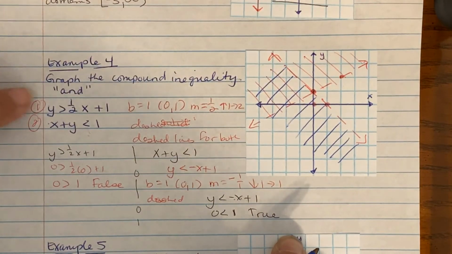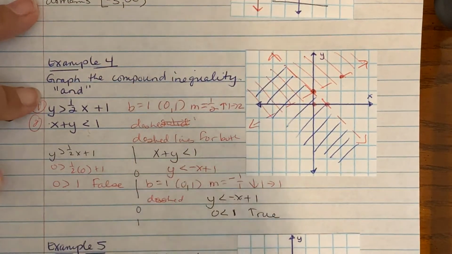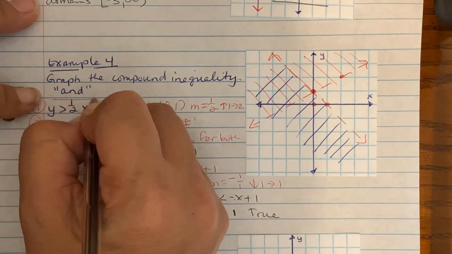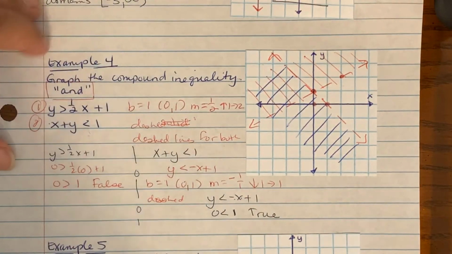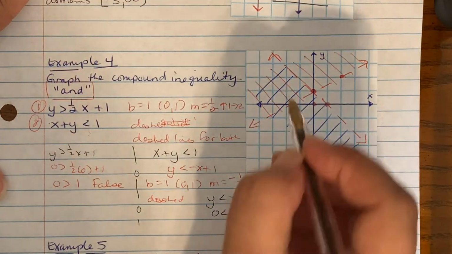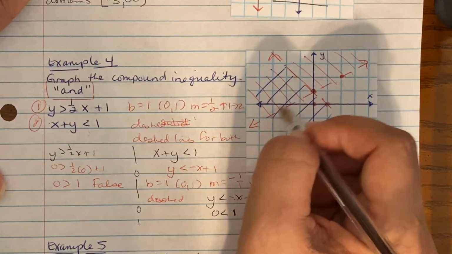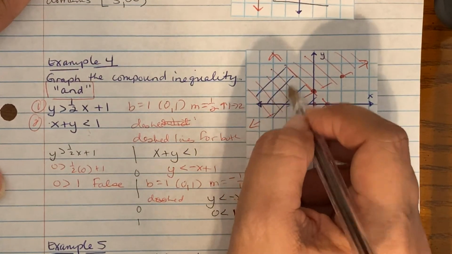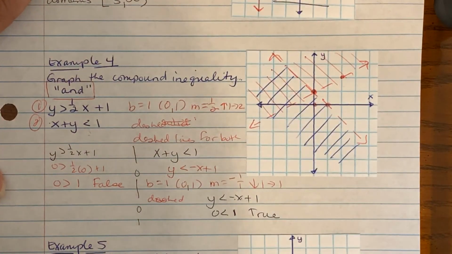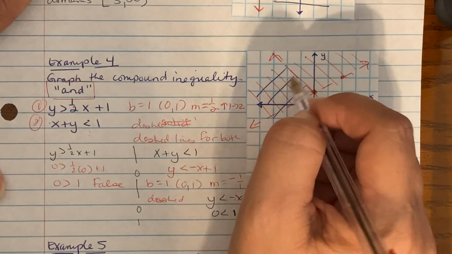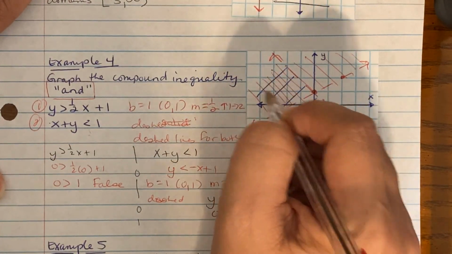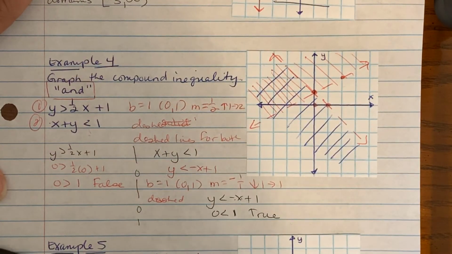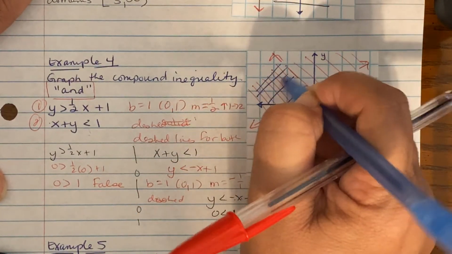And here it said it's a compound inequality, and they want the "and" statement. That means where is the checkered pattern? Right here, a majority of it is in quadrant 2, is where your solution is. So the checkered pattern is where our solutions are for our system.